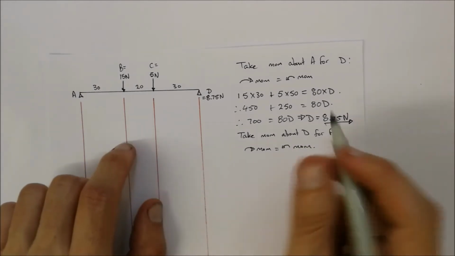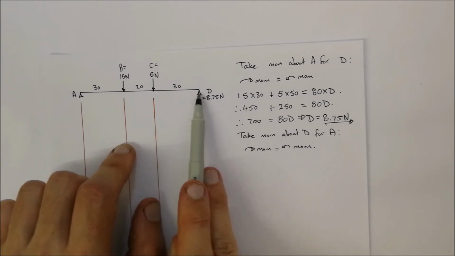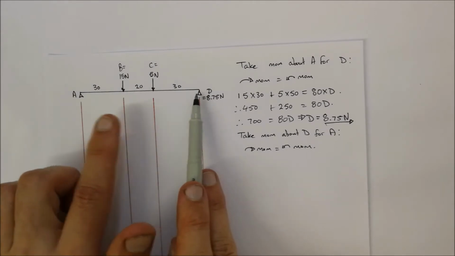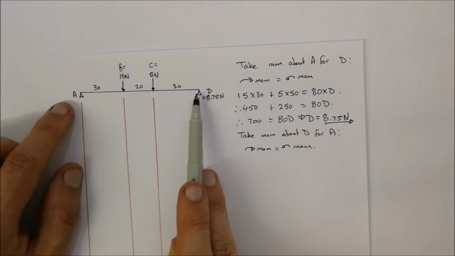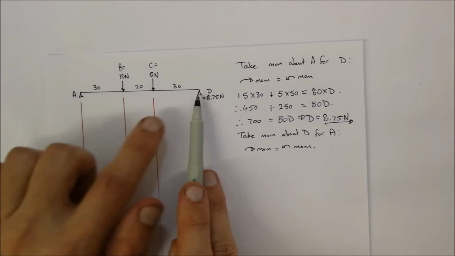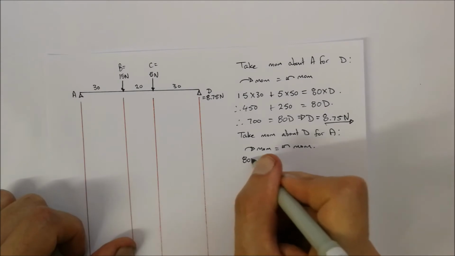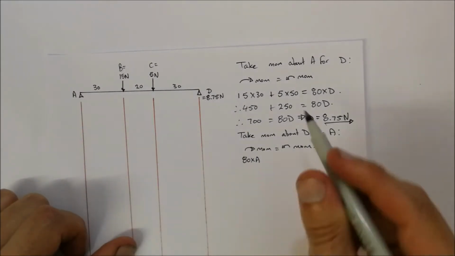We place our pen on pivot D and start looking at clockwise moments. At the moment, the only clockwise moment over here would be with force A, and A is again 80 meters away. So 80 times A. There are no other clockwise moments over there.